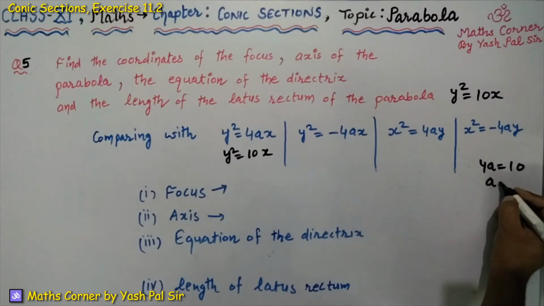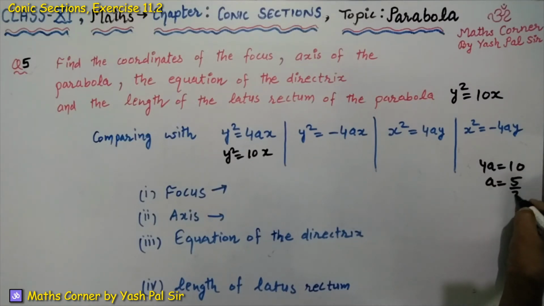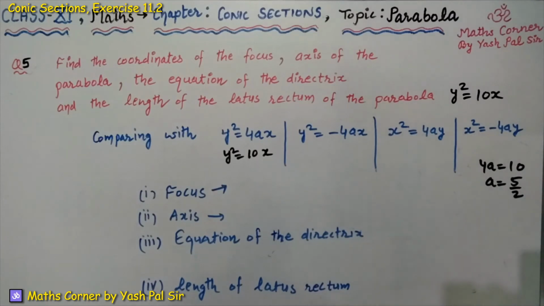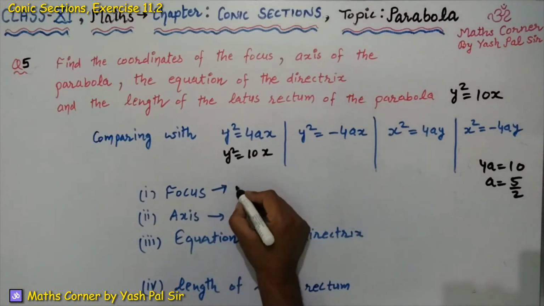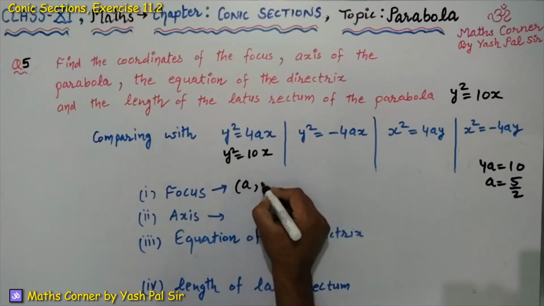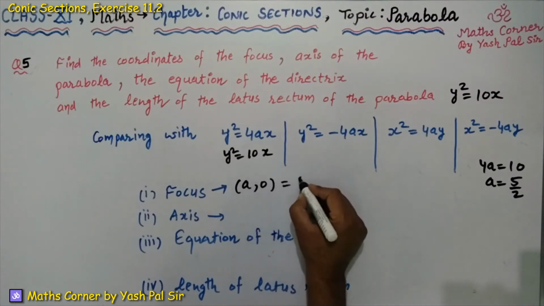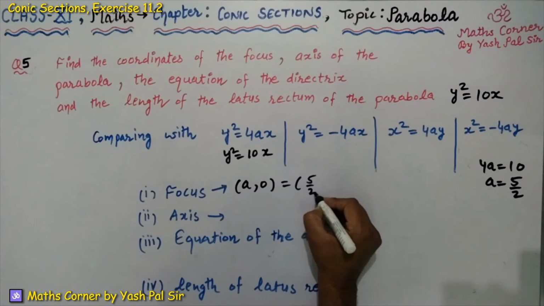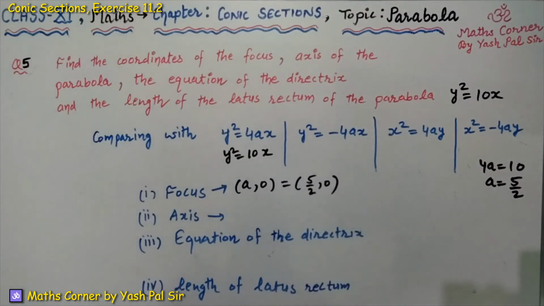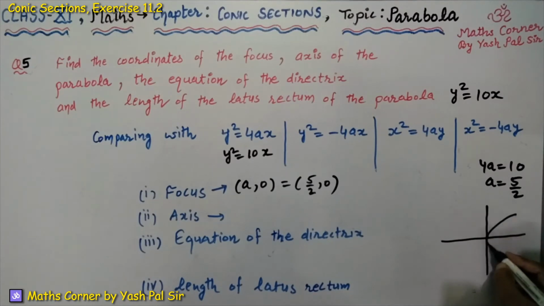Mean to say we have 4a equal to 10, a is equal to 5 upon 2 is the value of a. So right-handed parabola, focus coordinates are a comma 0, that is 5 upon 2 comma 0.